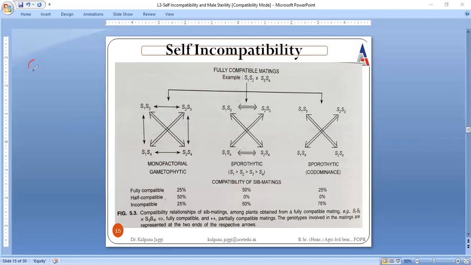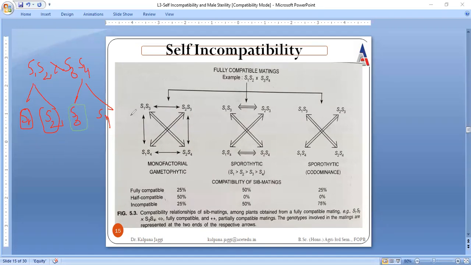Or simply, this can be more easily understood. We have S1, S2 that is crossed with S3, S4. This is the one mating cross. We can divide it into two parts. Two kinds of gametes are there, S1 and S2. And here we have the two crosses, S3 and S4. Very first is the case where S1 and S2 will be allowed to cross with S3.